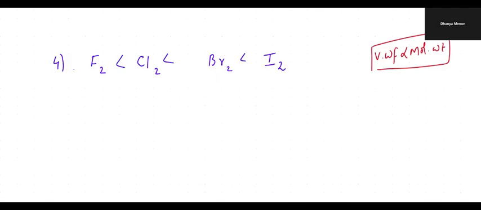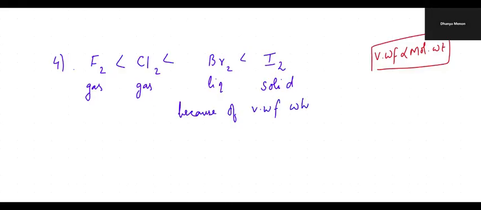That is the reason why fluorine and chlorine exist as gas, bromine as a red liquid, and iodine as what? Solid. Why? Because of van der Waals force, which is higher for iodine. That is why it exists as solid, with strong forces of attraction. Okay? So this was just information. This wasn't a question. I hope this is clear.